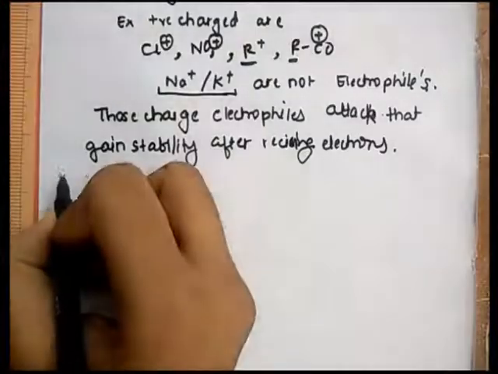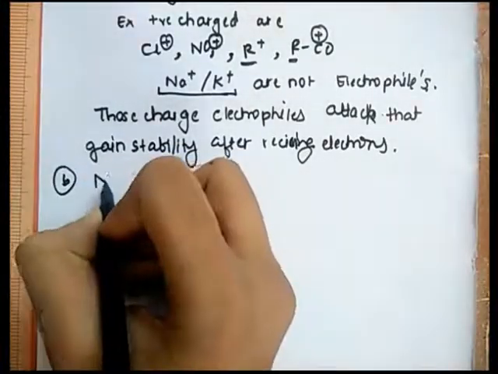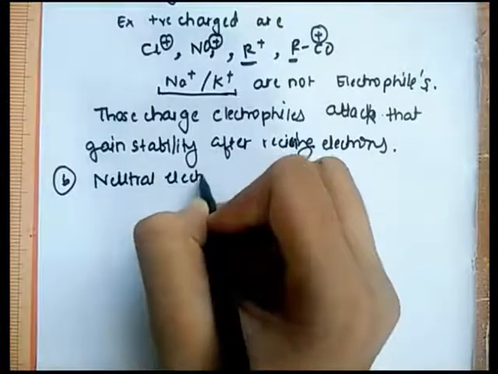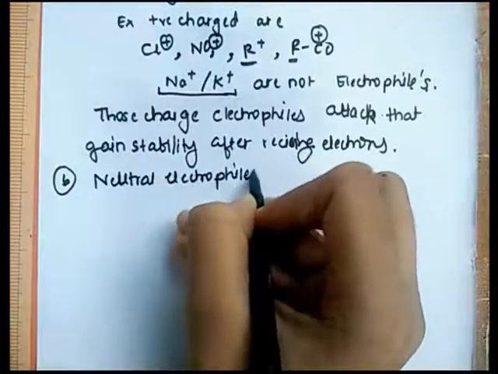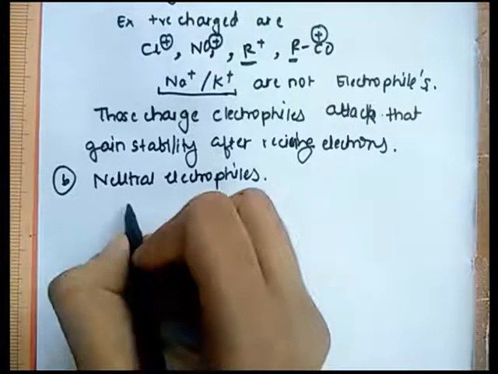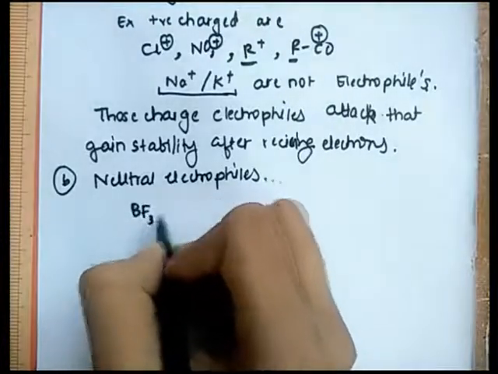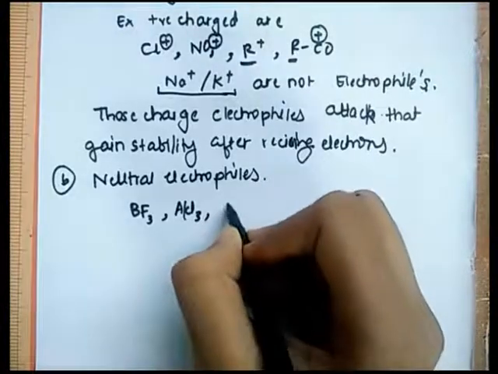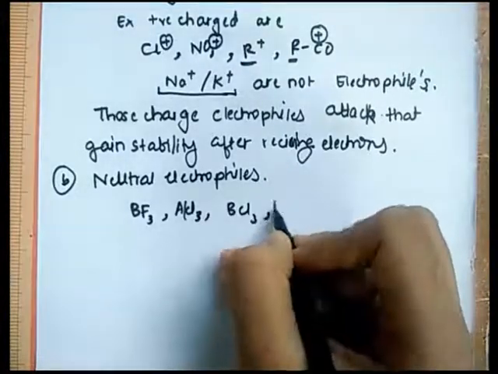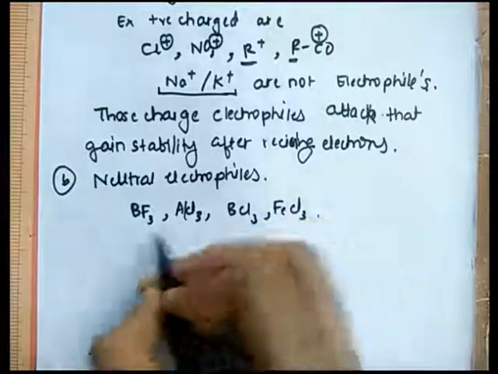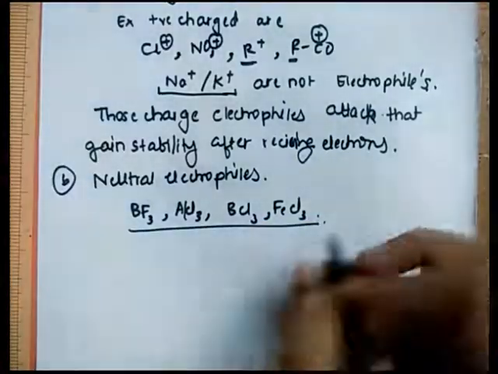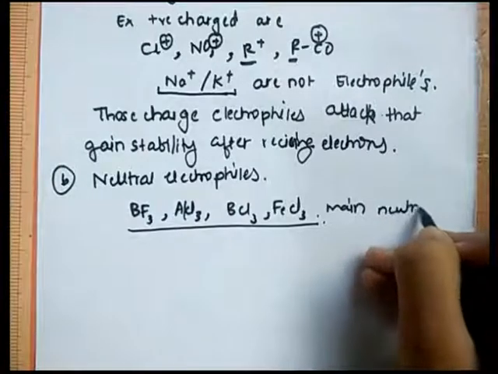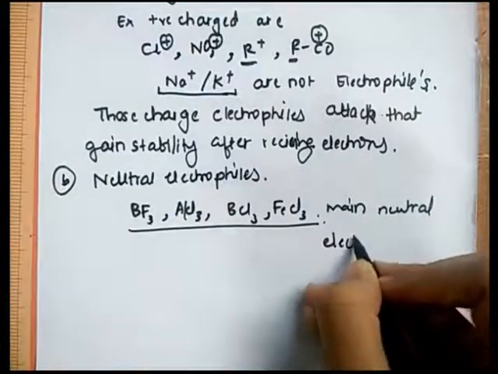The other category of electrophiles is neutral electrophiles. Those are namely BF3, AlCl3, BCl3, FeCl3. These are the main neutral electrophiles.